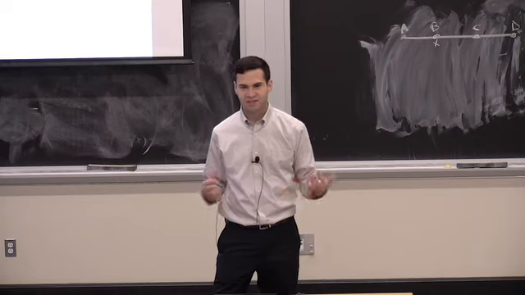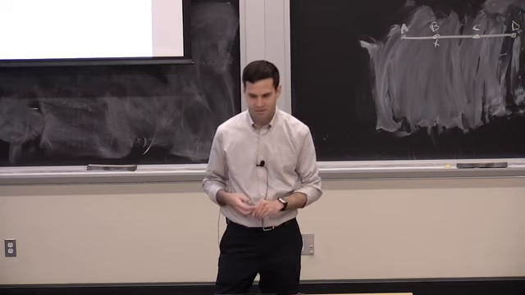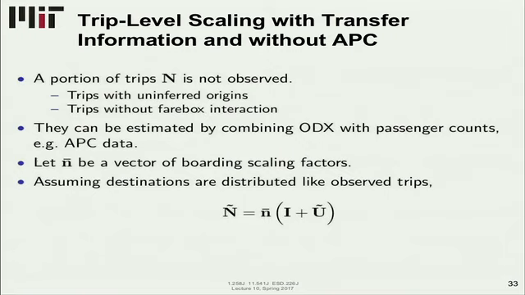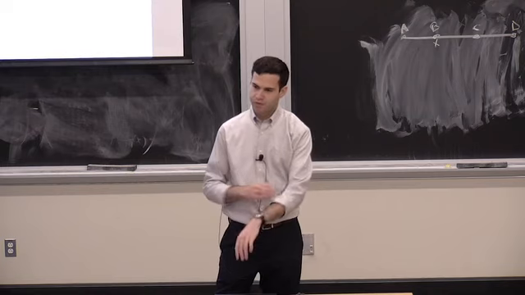So you want to scale everything up by 5%, say, as an example. That could come from surveys, or from APC if you have APC on a portion of the fleet. So essentially, N here is a scaling factor. It could bump what you have so far, which is I plus U, by some percentage. That's the simple way of doing it.